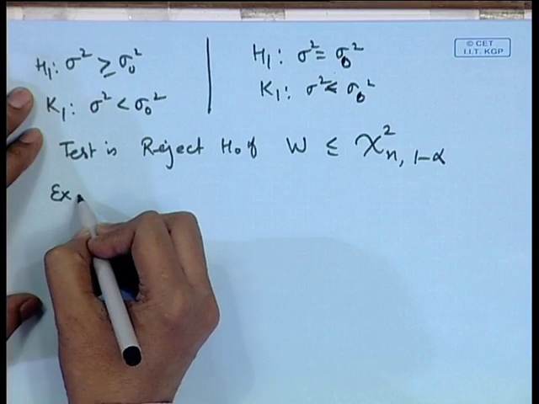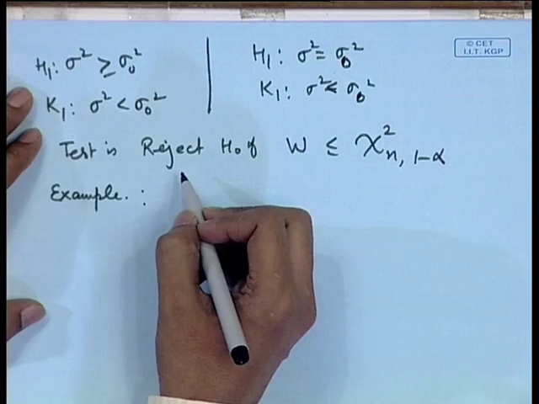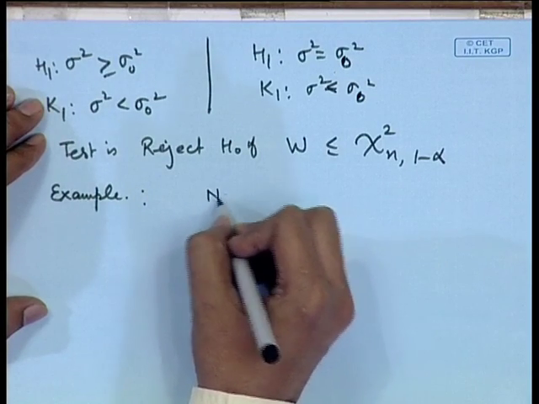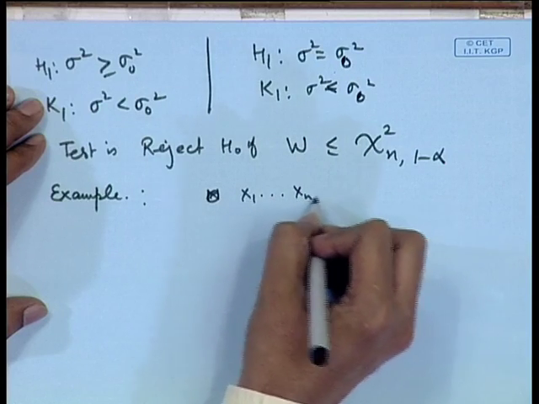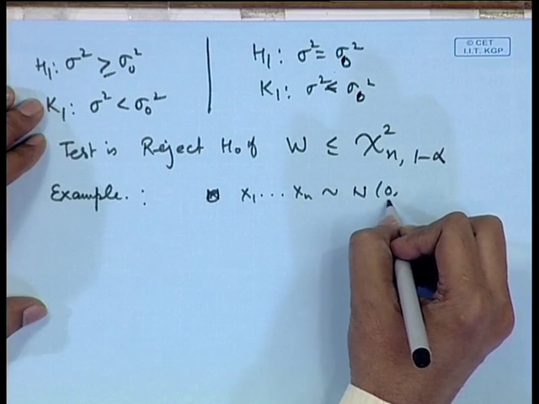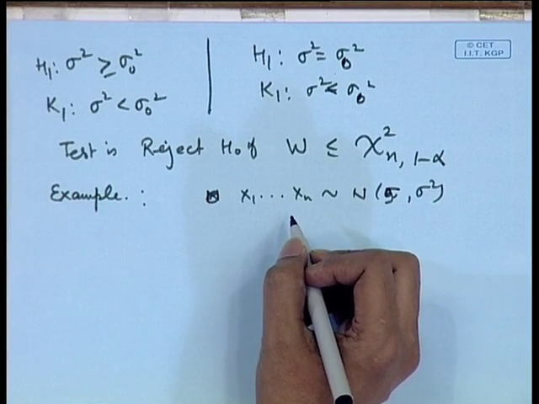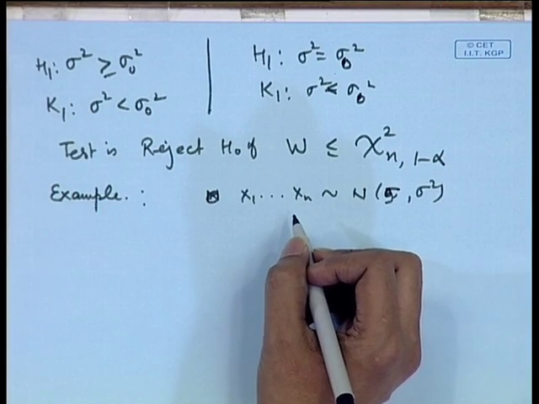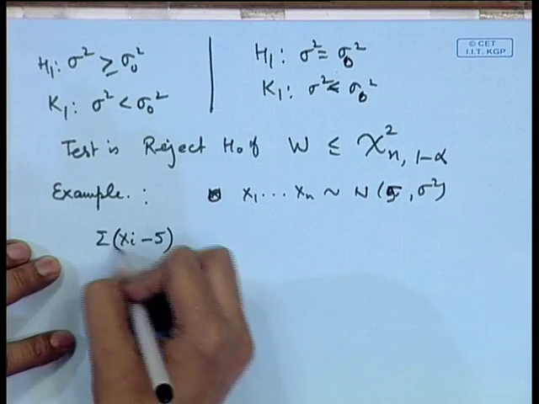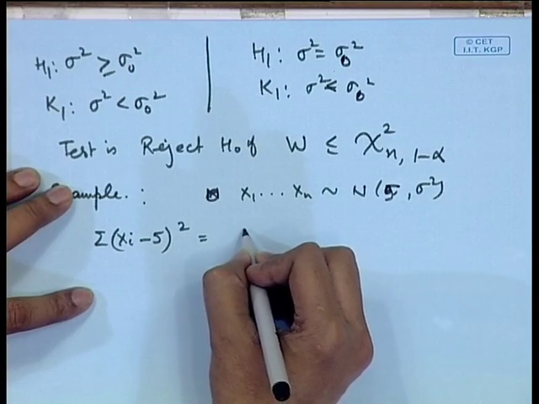Let me take one example here. Suppose we are considering x 1, x 2, x n following normal 5, sigma square, and we are observing here sigma x I minus 5 square is equal to say 10.